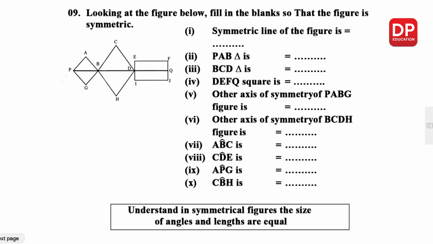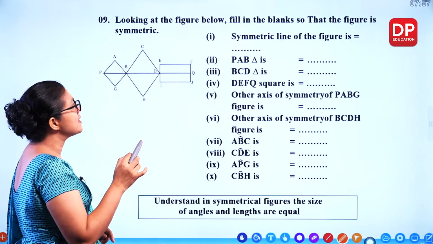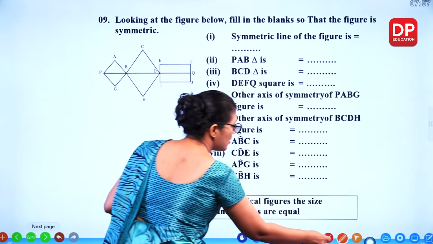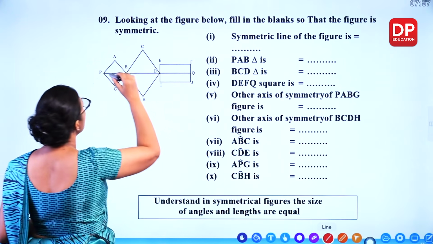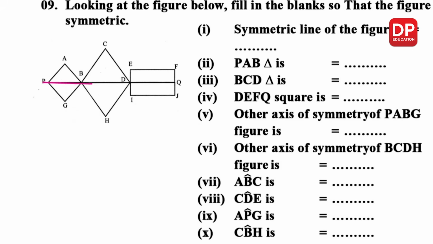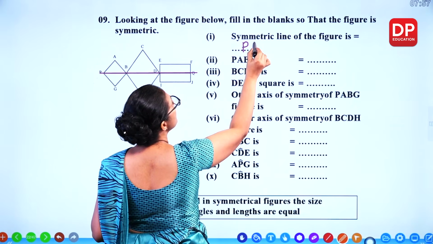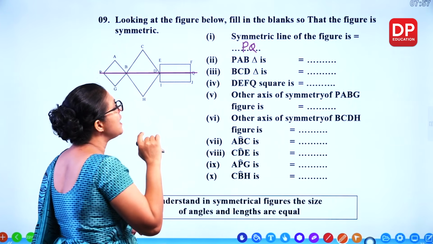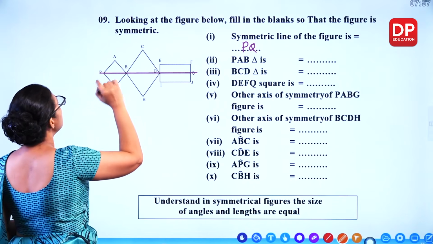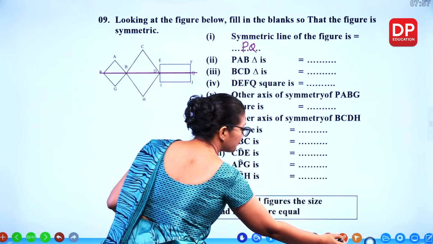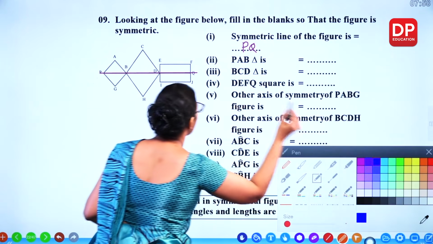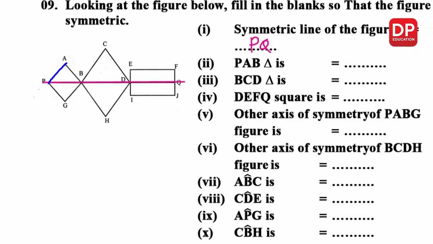Looking at the figure below, fill in the blanks so that the figure is symmetric. So you have to take the whole figure. So what's the symmetric line? You can see PQ is a symmetric line. So this is the symmetric line overall. So PQ. PAB triangle. PAB is this.